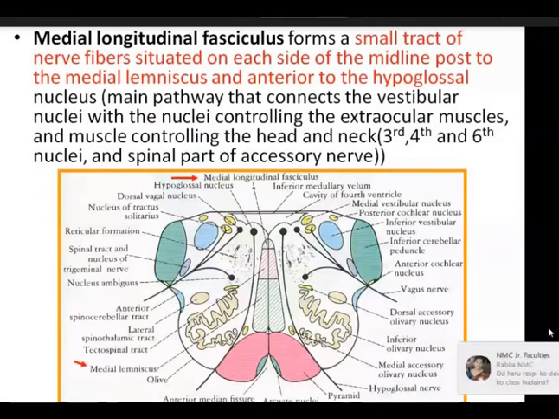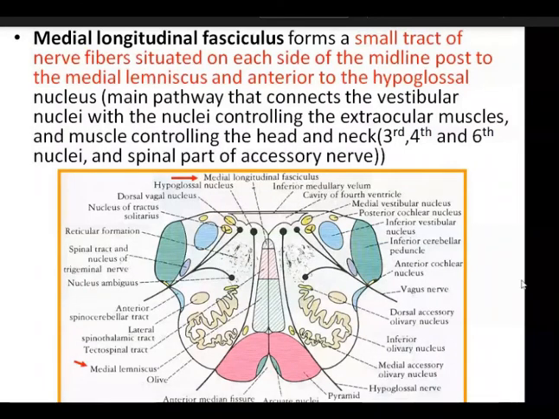Medial longitudinal fasciculus. It forms a small tract of nerve fibers situated on each side of the midline. Here we can see the medial longitudinal fasciculus, posterior to the medial lemniscus and anterior to the hypoglossal nucleus. Here we can see the hypoglossal nucleus, and anterior to it is the medial longitudinal fasciculus.